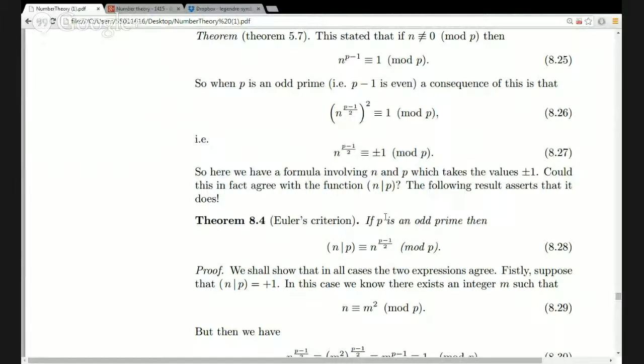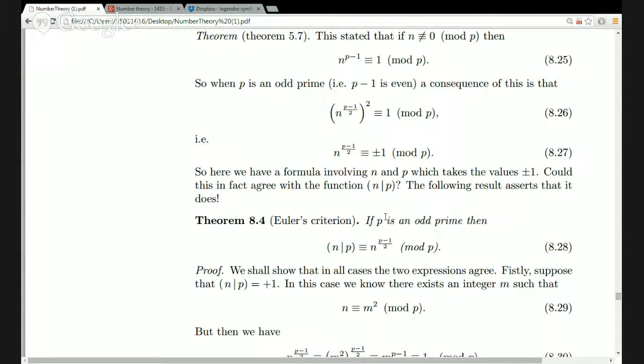Well, it was n to the power of p minus 1 over 2 congruent to 1. Let's just write it as a congruence. We found some solutions to this because they were the quadratic residues.